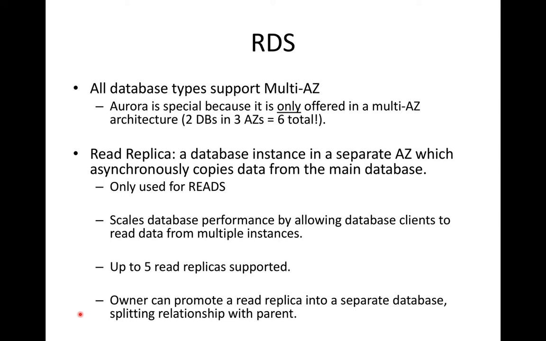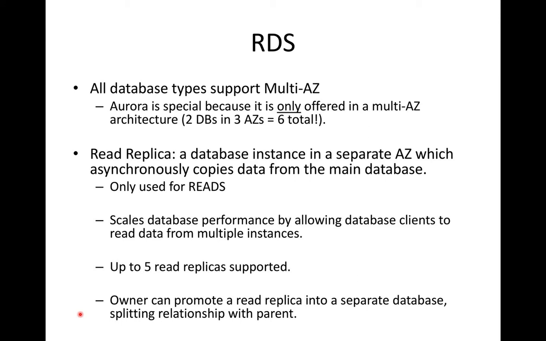All of the database types that are offered in the RDS service support multi-AZ. The Aurora database type is a little bit special because it's actually only offered in a multi-AZ architecture.